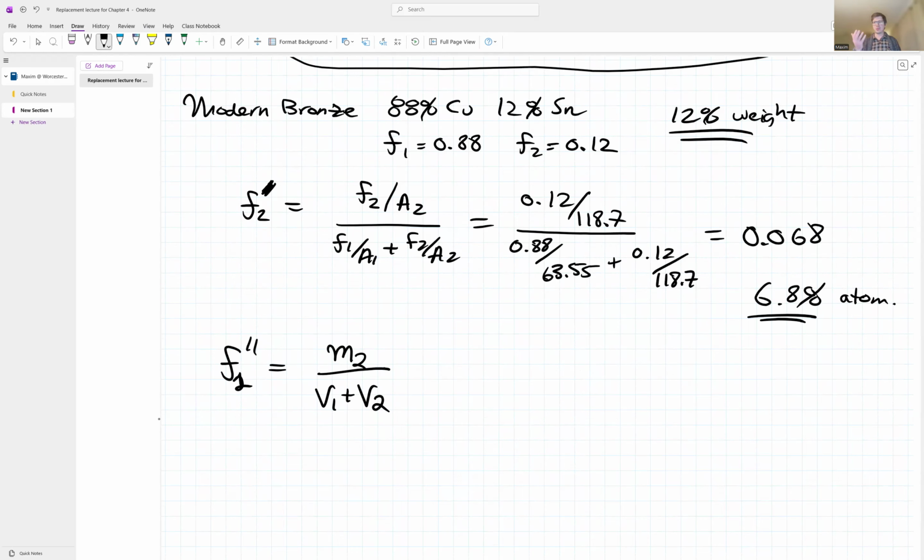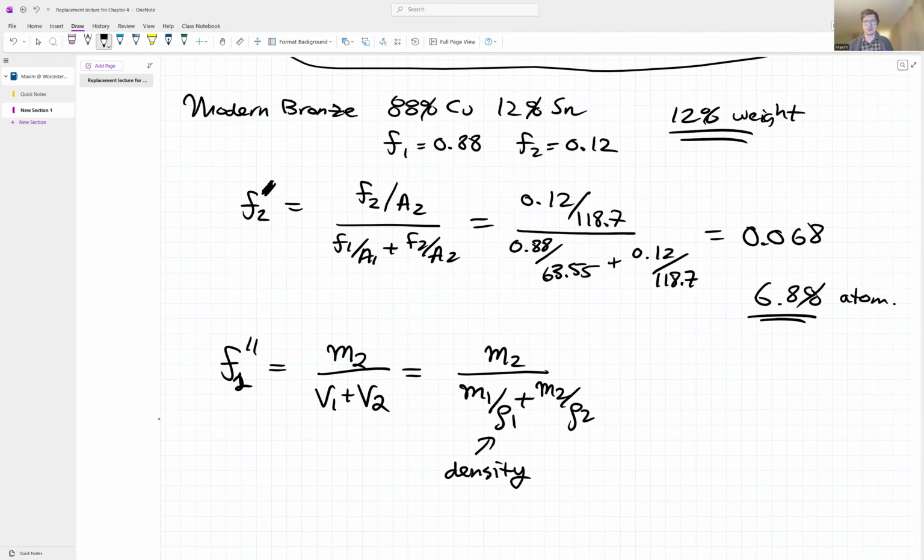How do you get the volume? Well, you need the densities. So if you have the mass of component two, then you get the volumes by taking the mass of the component and dividing by the density. So you need to know the density of each component.